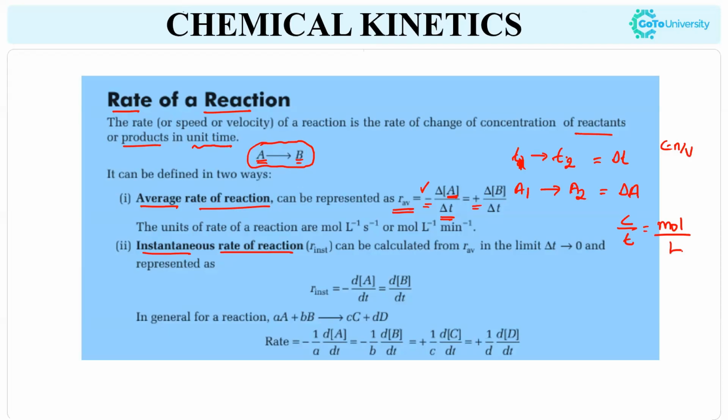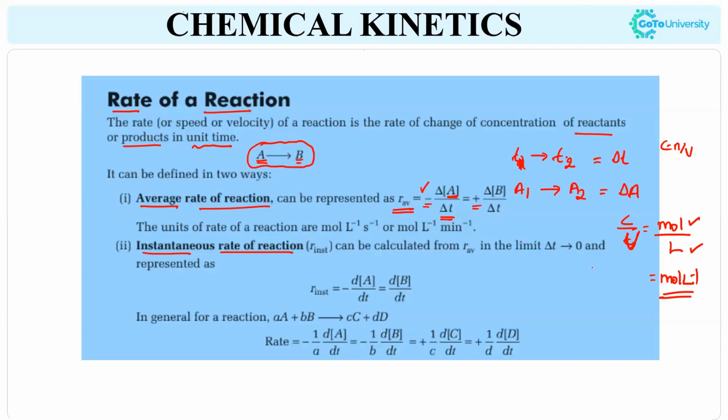If it is in liter, the unit will be mole divided by liter. So concentration is mole per liter, and we can write it as mol L raised to minus 1. So mol L raised to minus 1 per unit time is the unit of rate.